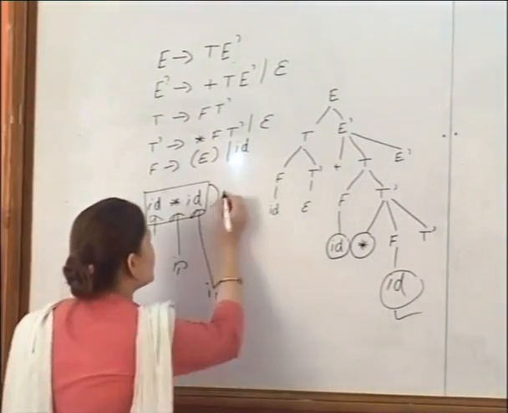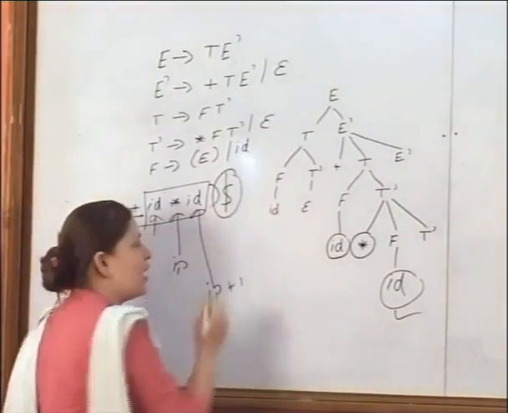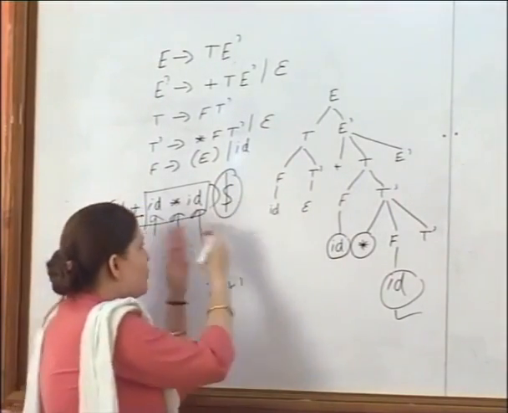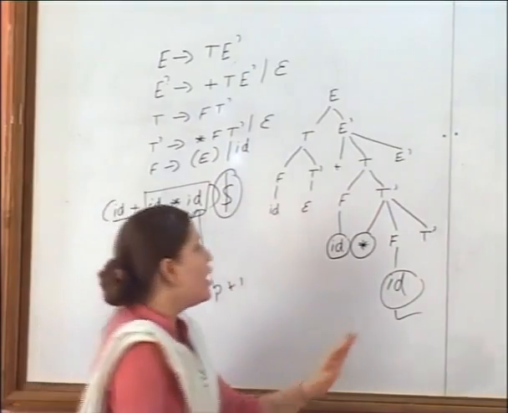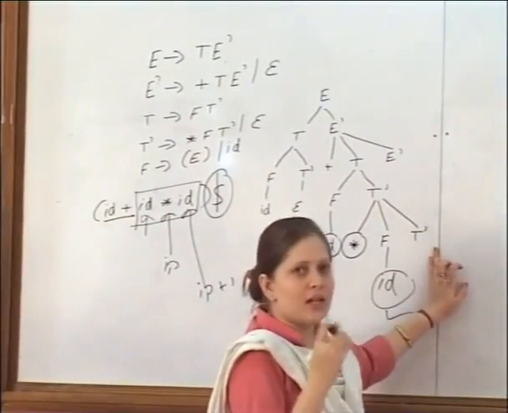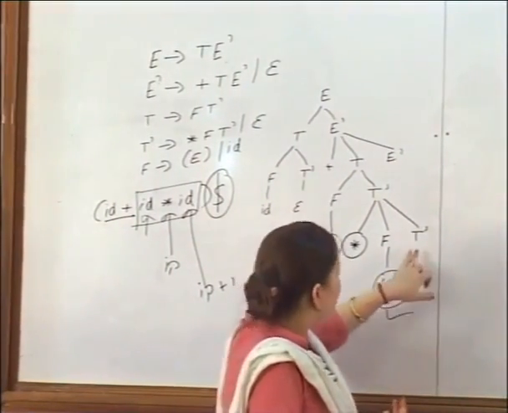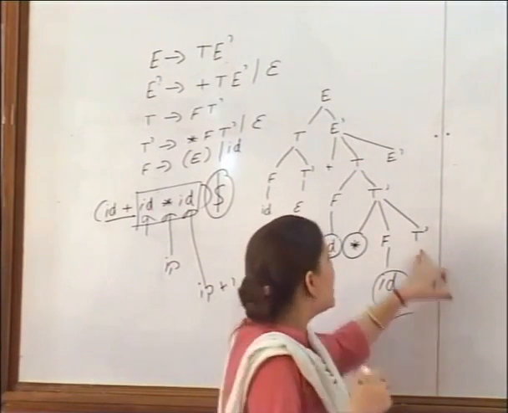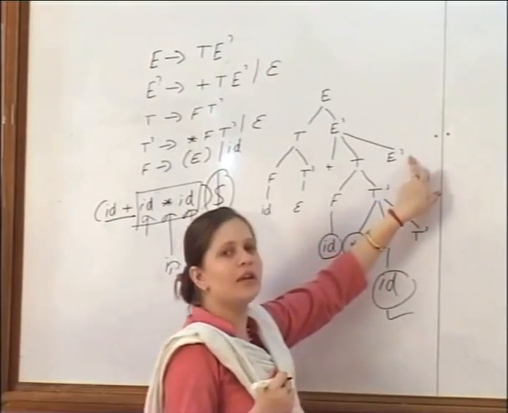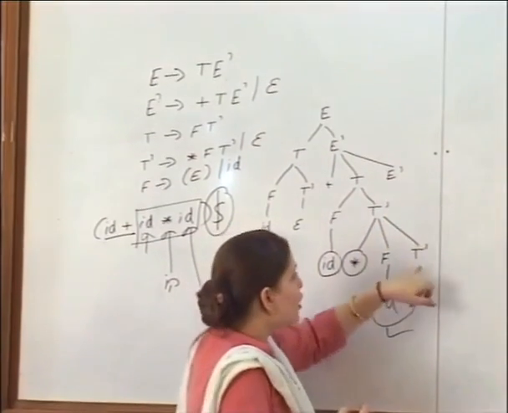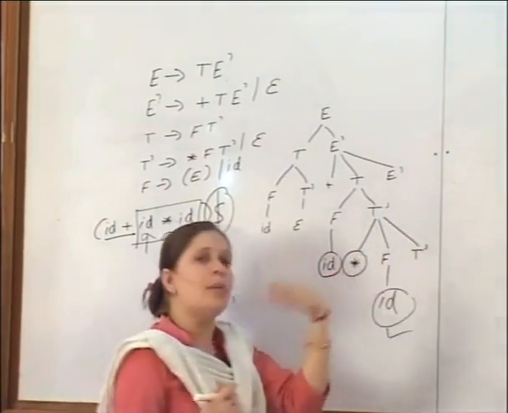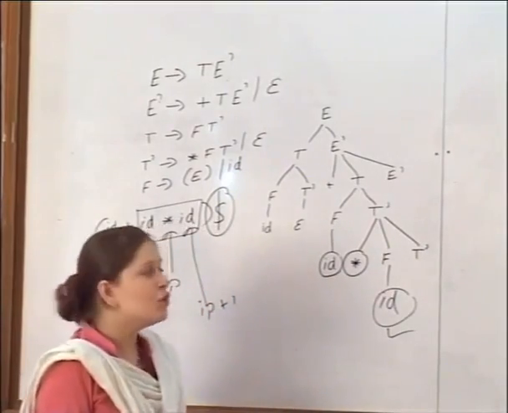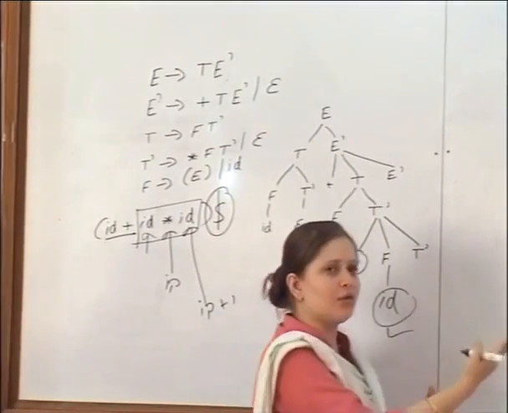Now the input string has reached its end. That means the input string has been completed. Now look towards the parse tree that we are designing. In the parse tree, we are still left with two non-terminal productions, one is T dash and the other one is E dash. Now for these two symbols, we need to replace them with their production values so that this parsing is successfully done.